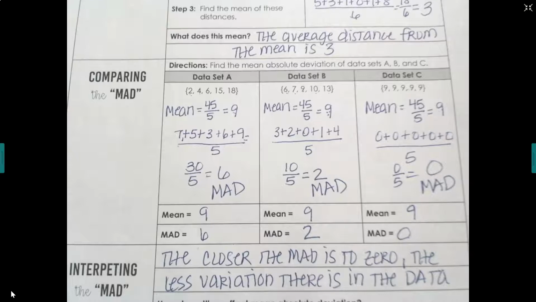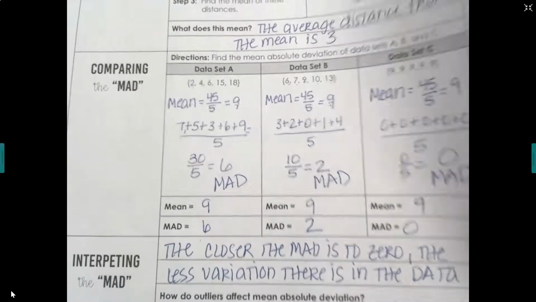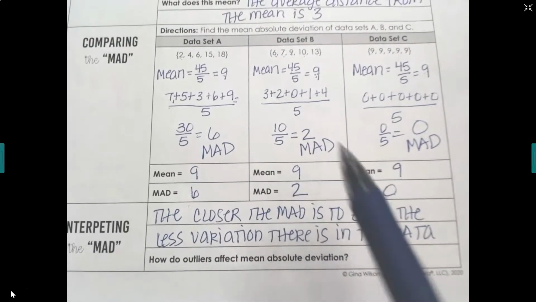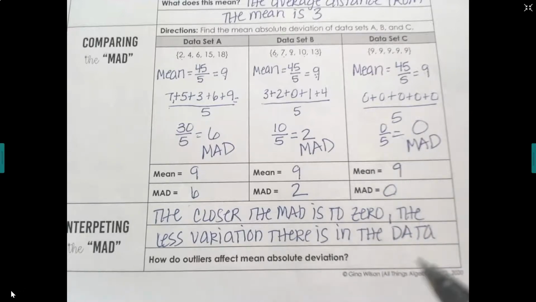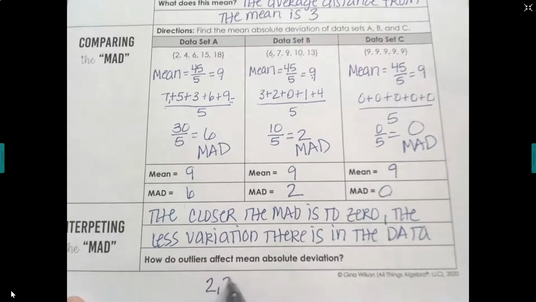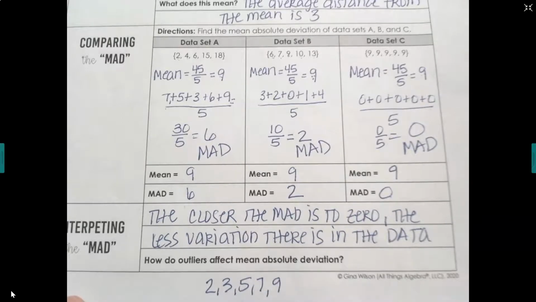Okay, now how do you think outliers might affect your mean absolute deviation? Remember the definition of an outlier is a number that's much bigger or much smaller. So if you have a bunch of numbers that are very similar, so we have 2, 3, 5, 7, 9, that's going to have a small MAD because that's only a range of 7.